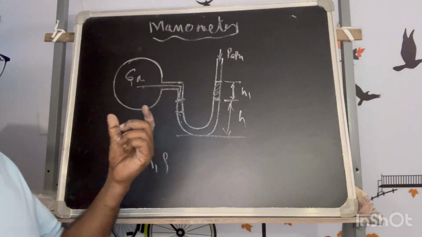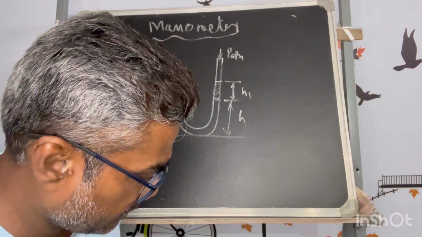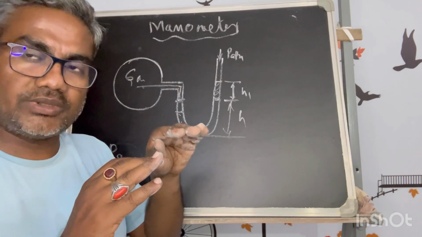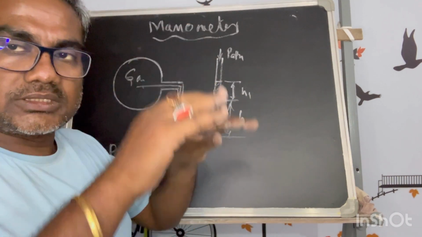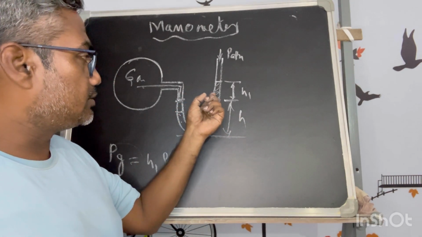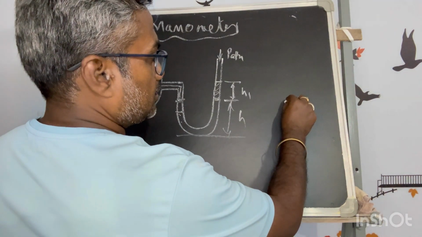But in this case mostly mercury is used because it is very stable. It does not create vibration, and stability comes very fast, whereas once other liquids are disturbed, stability takes too much time. The surface is also very easy to read.